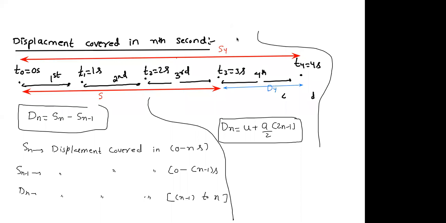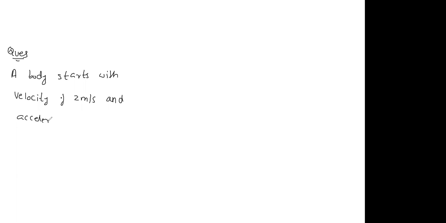We'll do two numericals on this concept. The first one is very straight formula based. I will expect you people to solve it. A body starts with velocity of 2 meters per second and accelerates at 3 meters per second square.